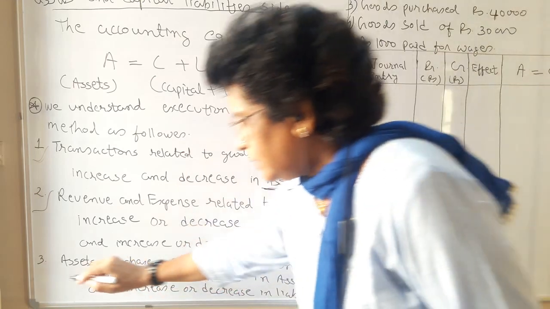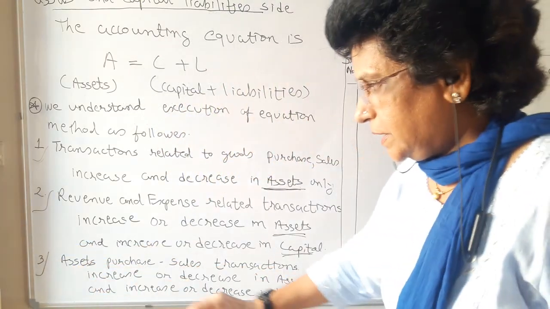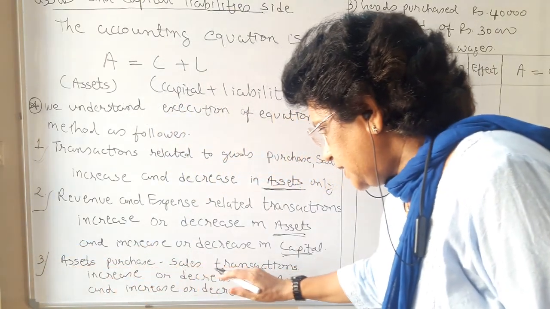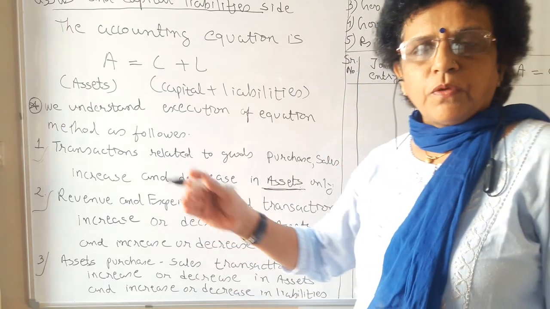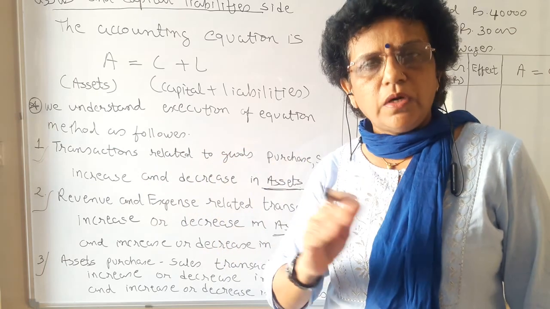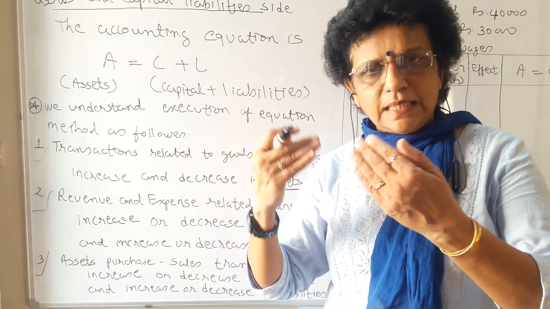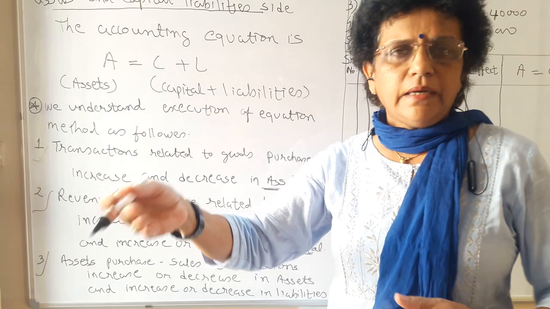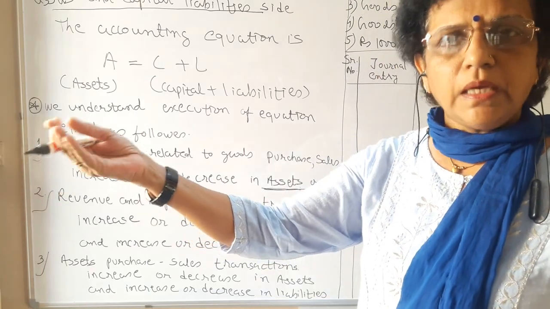Number 3, the third set of transactions. Assets are purchased or sold. We may purchase furniture, we may sell our old bicycle. So assets may be coming in and assets may be going out.